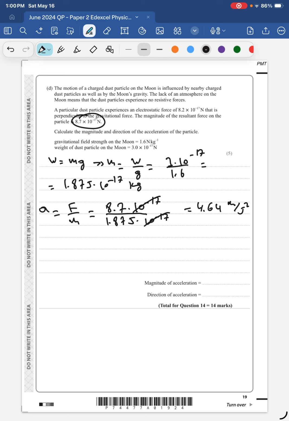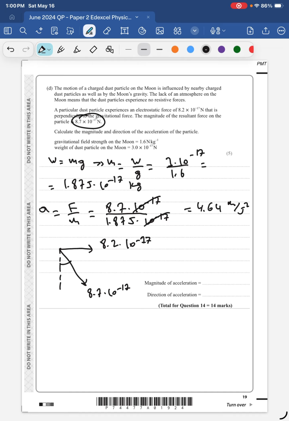So we have to find the magnitude and direction of the acceleration of the particle. We found the magnitude. Now for the direction, we are given that there is a force to the right, 8.2 times 10 to the negative 17, which is the electrostatic force. And then the resultant force has magnitude 8.7 times 10 to the negative 17.